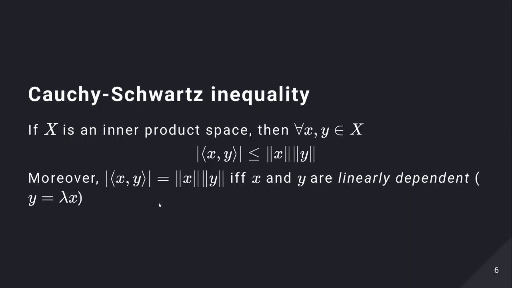One example of that is the somewhat famous Cauchy-Schwarz inequality that says, okay, if you have an inner product space, then the absolute value of the inner product of x and y is smaller than or equal to the product of their norms. And moreover, we have equality when x and y are linearly dependent, as in, for example, y is equal to some scalar lambda times x.